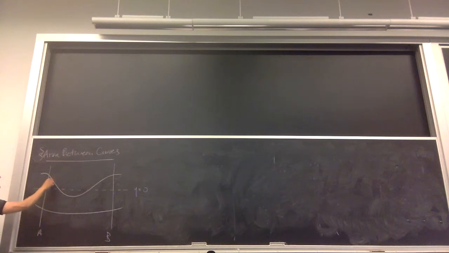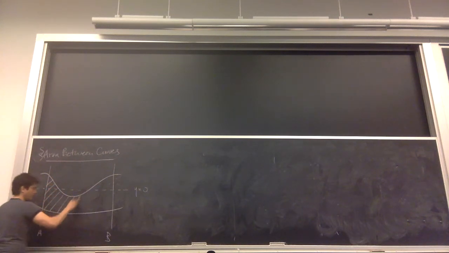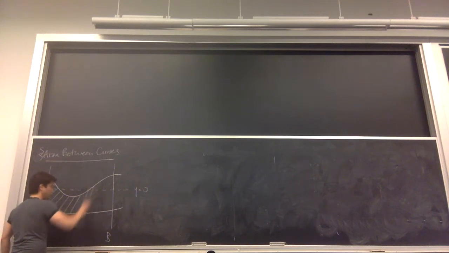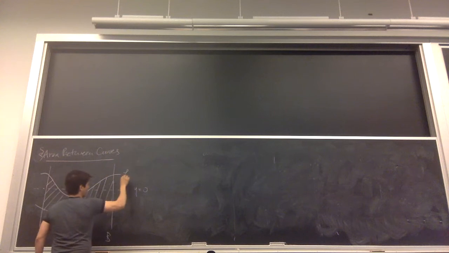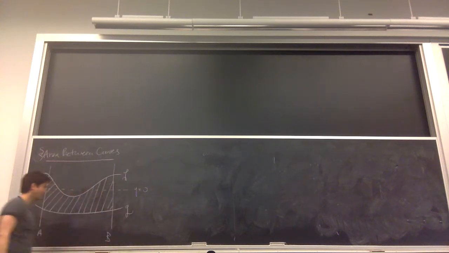What happens? How can I get this area? All right, let's call this curve F and this curve G. You could do the integral twice separately. So I could do the one for F and the one for G. Okay, that's a good starting point.